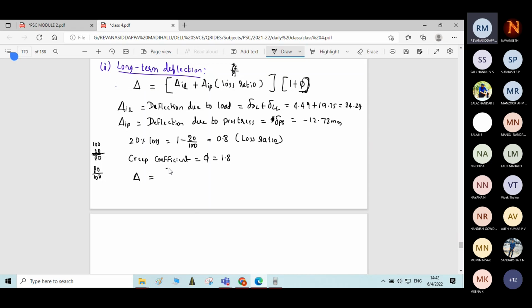Delta IL is 24.24 plus delta IP is minus 12.73 into loss ratio 0.8 into 1 plus phi, that is 1.8. By this we'll get the long-term deflection. If we calculate, we'll get the answer as 39.36 mm. All of you check the answer. This is the answer for the second question.